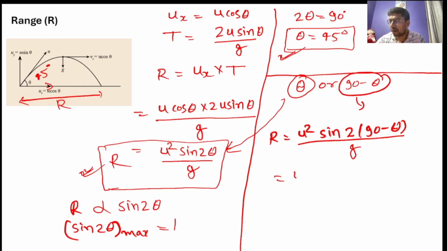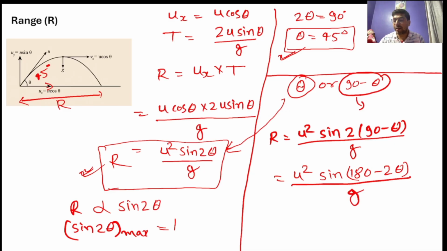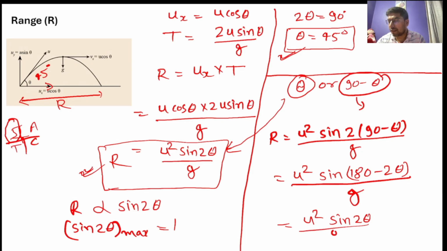So we get u square sine 180 minus 2 theta divided by g. If you remember trigonometry, sine 180 minus theta is also sine theta. So here sine 180 minus 2 theta is also sine 2 theta. So again we get the same range, u square sine 2 theta by g.